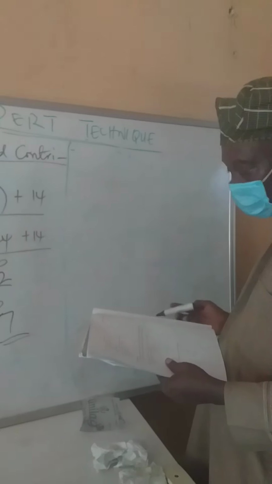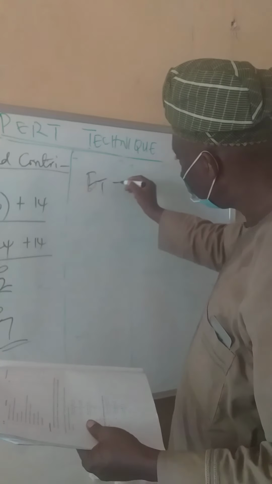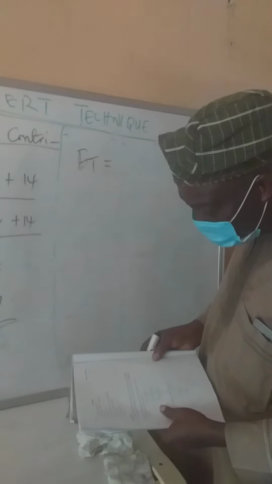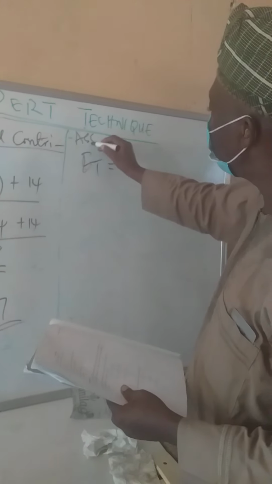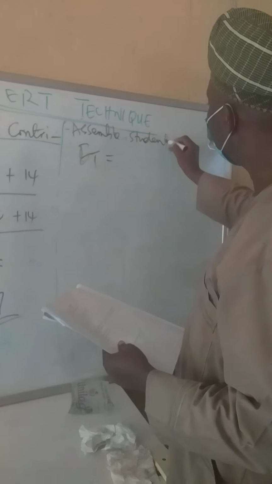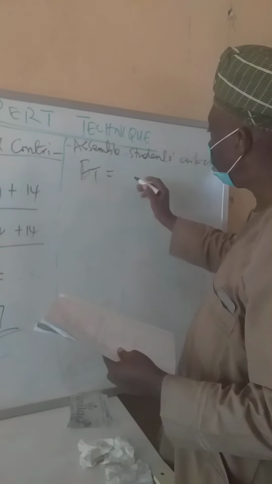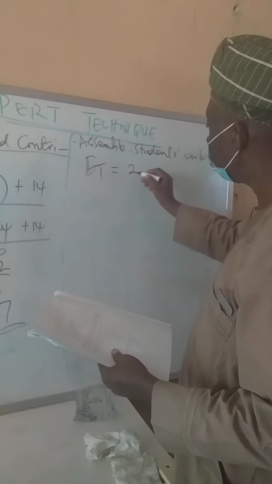So our OT is to assemble students' articles. Our OT to do that is 2.